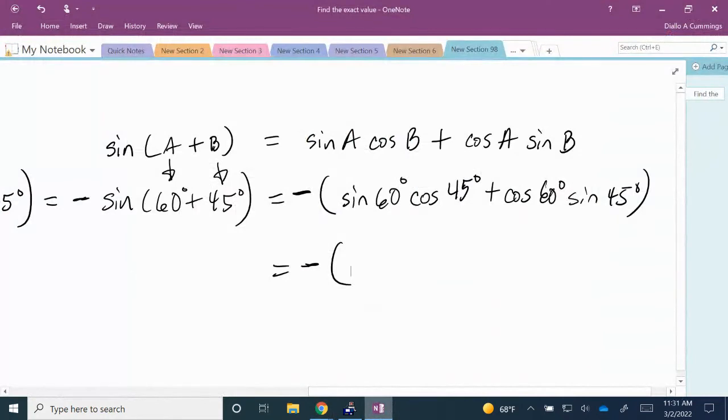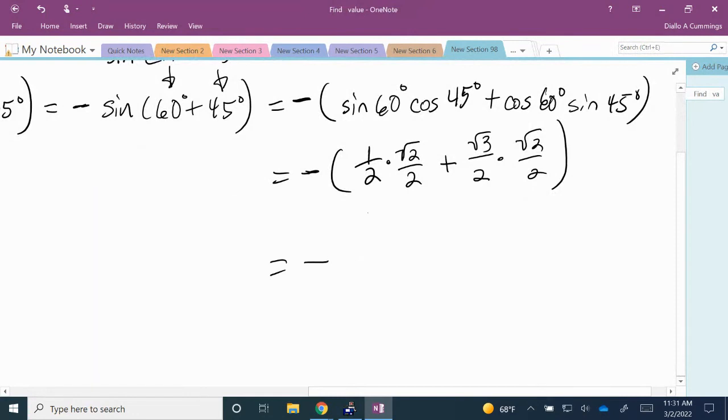Right, so looking at one or the other, we see that the sine of 60 degrees is 1/2 times the cosine of 45 degrees, which is square root of 2/2, plus the cosine of 60, which is square root of 3/2, times the sine of 45 degrees, which is square root of 2/2.